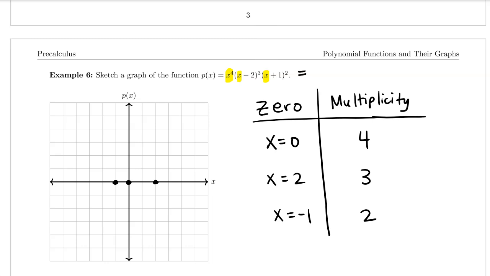Let me write this out. So I have x to the 4th times x minus 2 times x minus 2 times x minus 2 times x plus 1 times x plus 1.